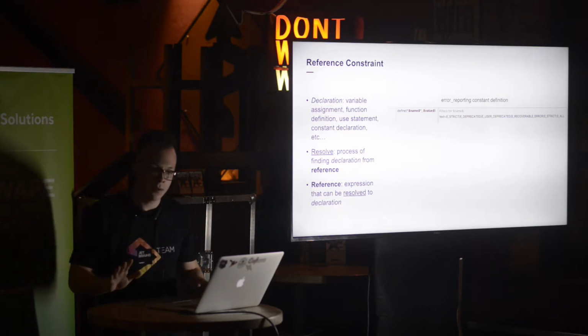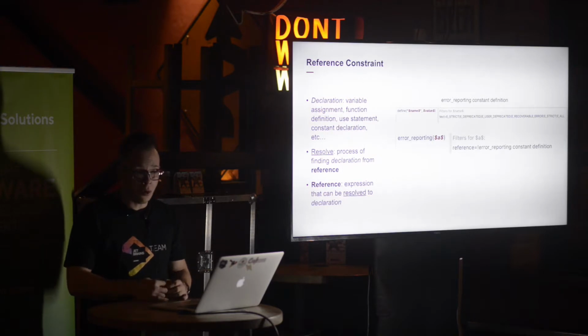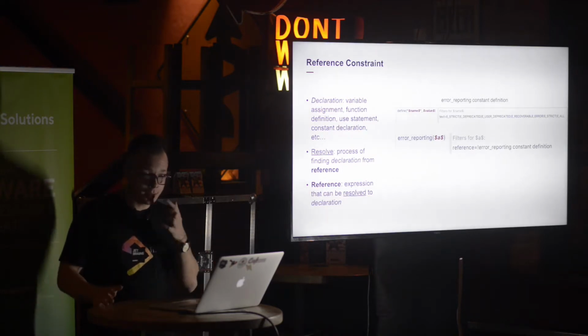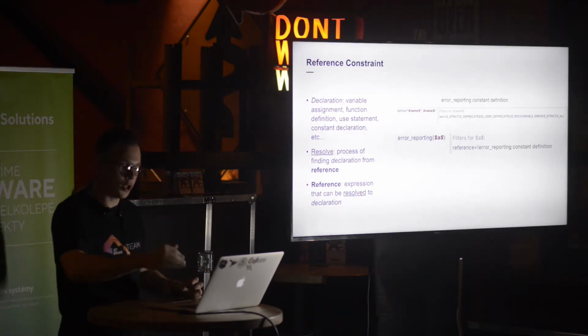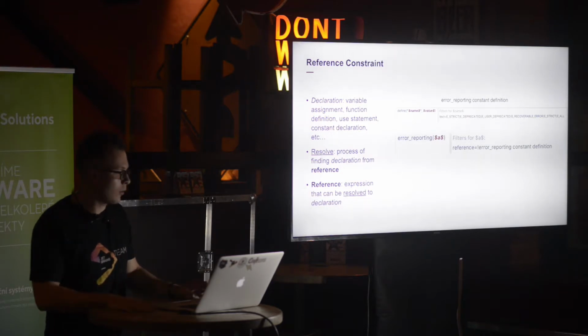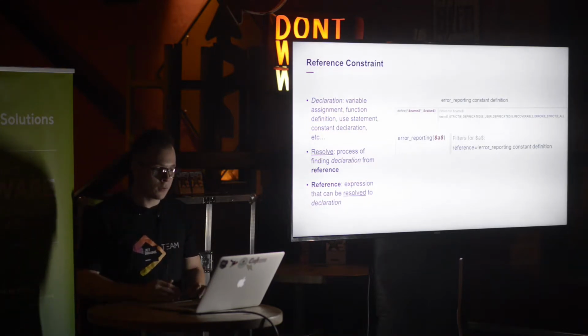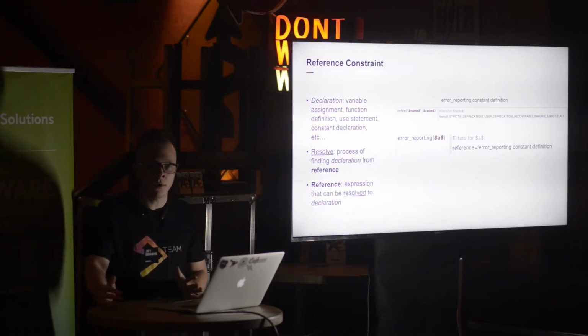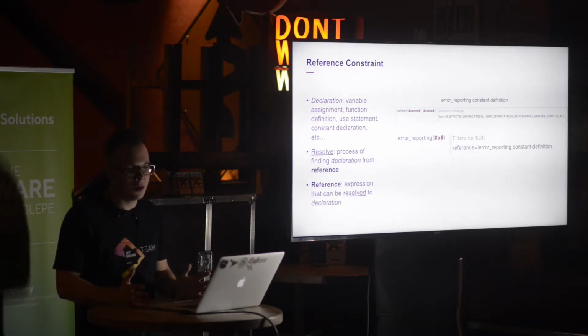We just save this. After that, we create a second template, which finds all error reporting calls, and we specify for the argument a reference constraint, which will stand for the negation of such reference constraint. And that's what will happen when such a template does the search. It first will find all error reporting function calls, and then it will filter their arguments by references.